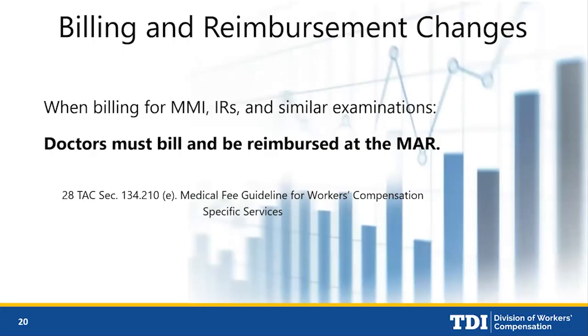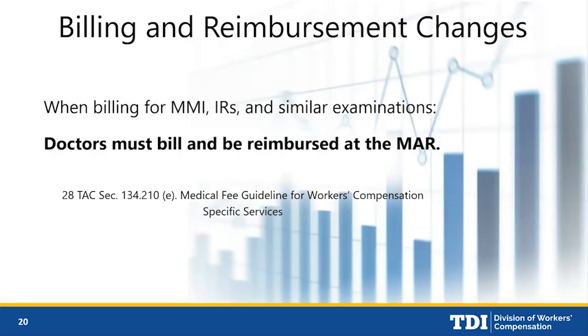Next, this section, the billing and reimbursement changes. These are found in 134-210E, medical fee guideline for workers' compensation specific service. Doctors, when they're billing for maximum medical improvement and impairment rating or other similar examinations, they must bill the MAR and be reimbursed the MAR.